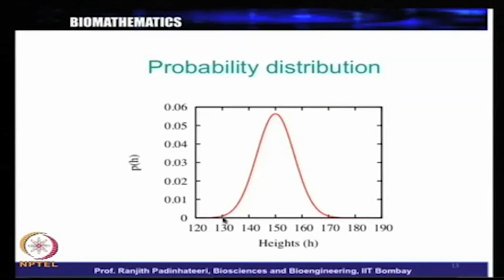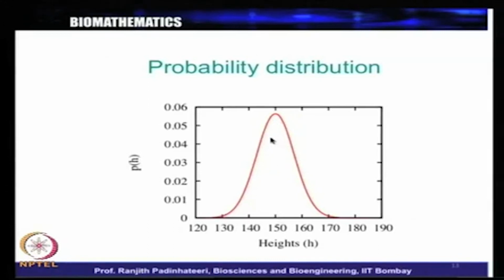The probability of having a height 120 centimeter is nearly 0. It is unlikely that anybody will have such a short height. Very high, like above around 190, is also nearly 0. Somewhere in the middle, like 150, there are many students.